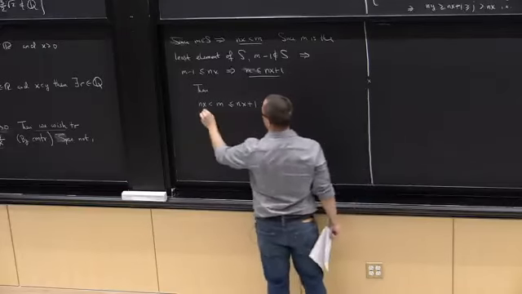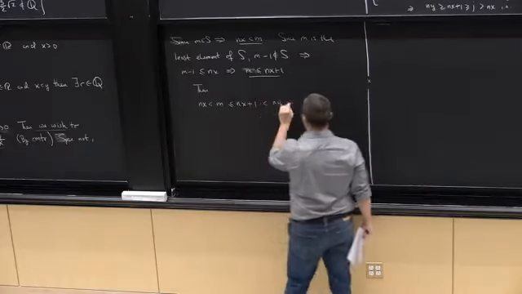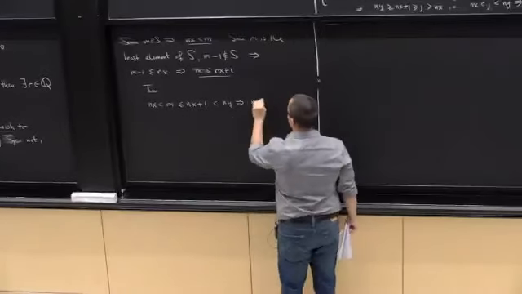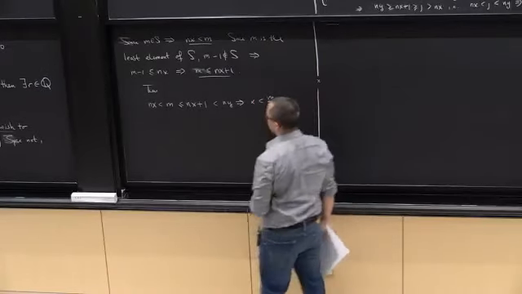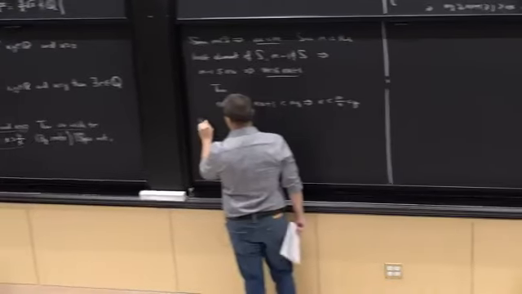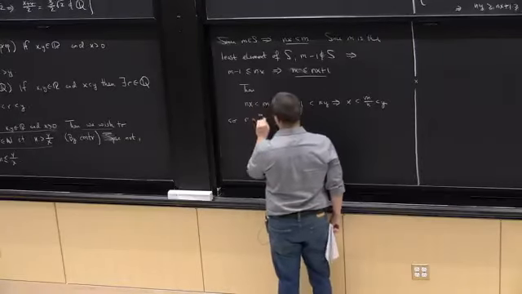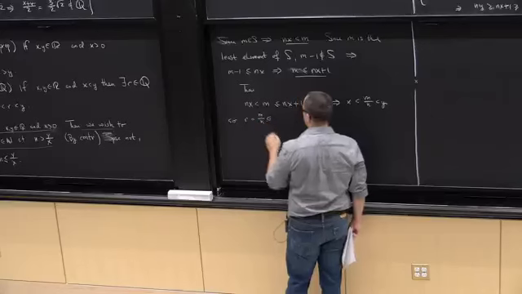So we have nx is less than m is less than ny, so that means x is less than m over n is less than y. So r equals m over n, which is a proportion of natural numbers.